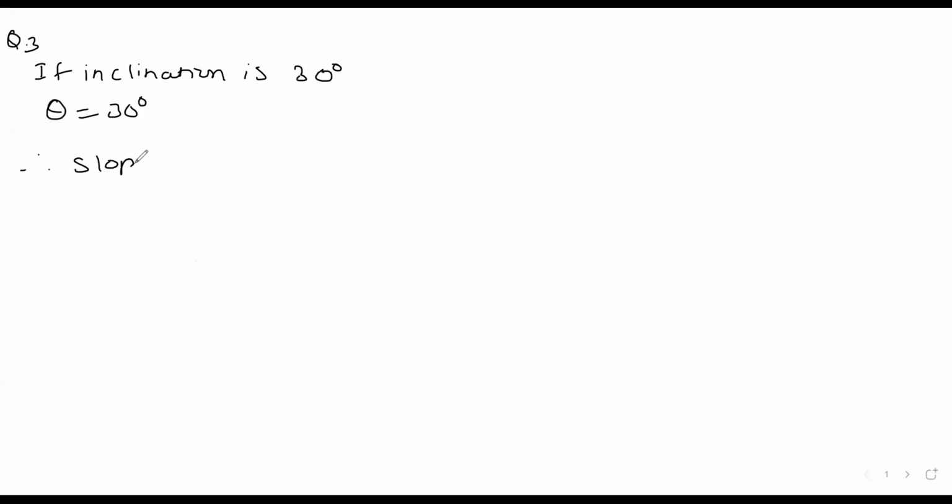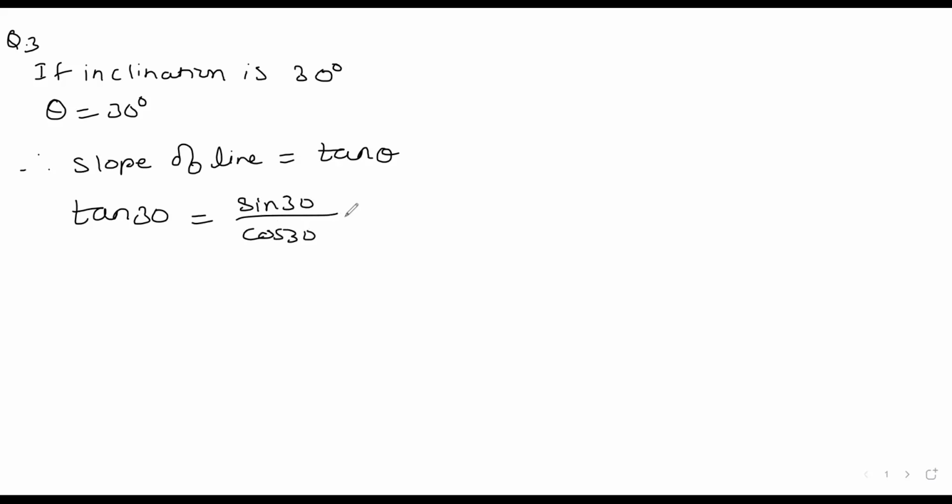Therefore, slope of line is tan theta. That is tan 30. Now what is tan 30? It is sin 30 upon cos 30. Sin 30 was 1 by 2. Cos 30 was root 3 by 2. Tan 30 is 1 by root 3. This is your answer.